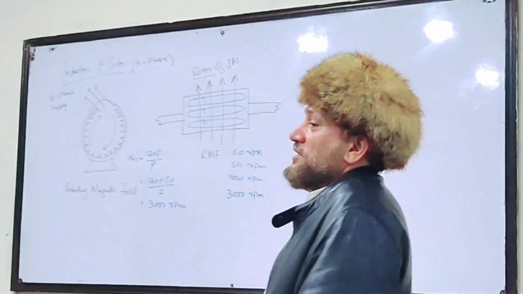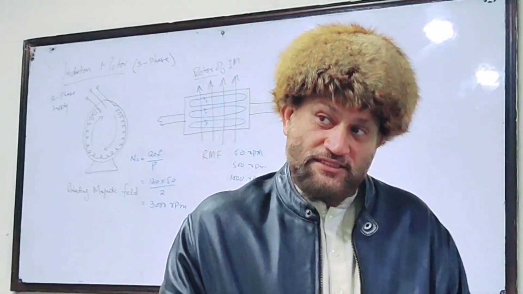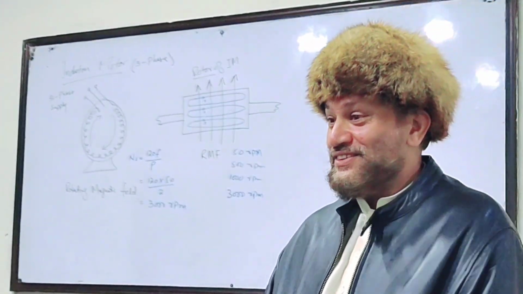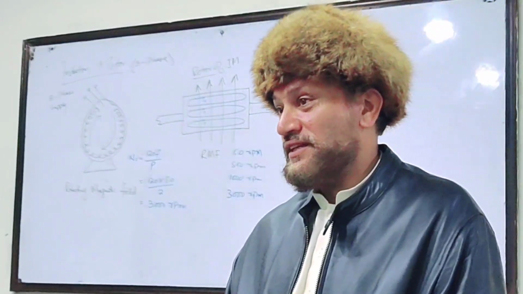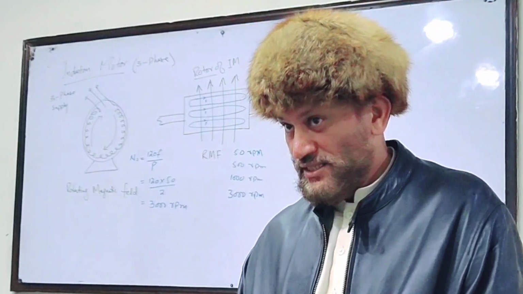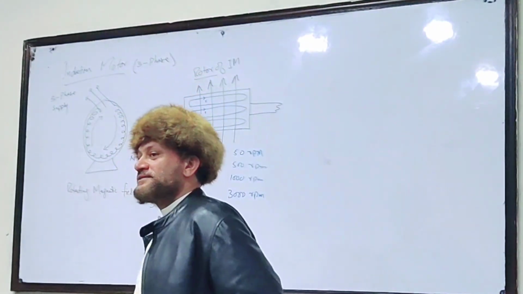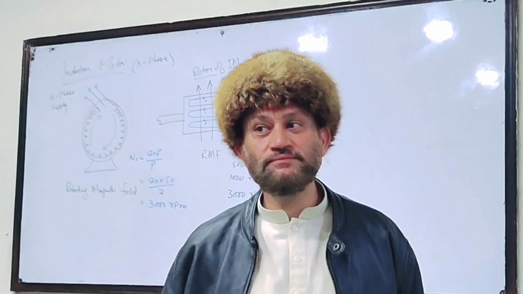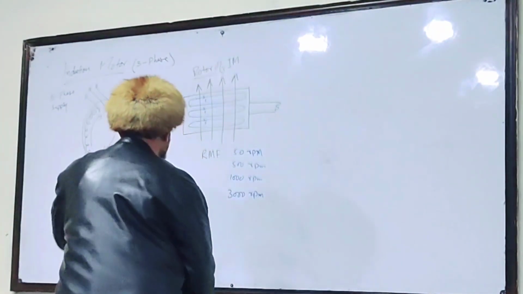And why are they using a 3-phase induction motor in electric vehicles? There is a big advantage for them. Understand my point? Now, what is that big advantage for them? That is the speed of a rotor.